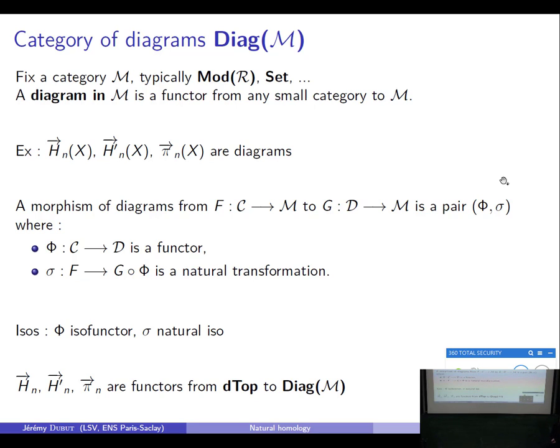An isomorphism in this category is just such a pair where phi is an isofunctor and sigma is a natural isomorphism. And we can prove that all our constructions are actually functorial for this category.